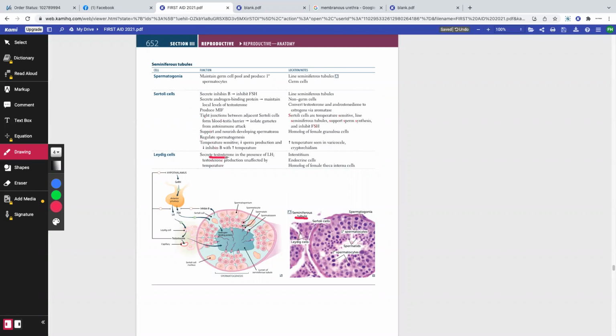They're responsible for secretion of testosterone in the presence of LH. Testosterone production is unaffected by temperature. Sertoli cells, however, are temperature sensitive, very important. And Sertoli cells form the tight junction in the seminiferous tubules, the blood testis barrier. So that's also very important. Okay. Did we understand the seminiferous tubules? Yes or no? Fast answers, please.